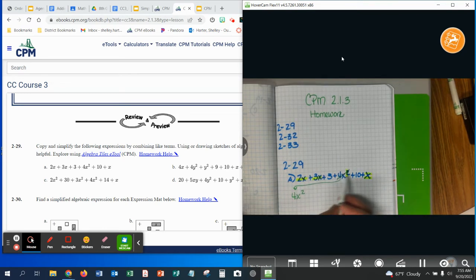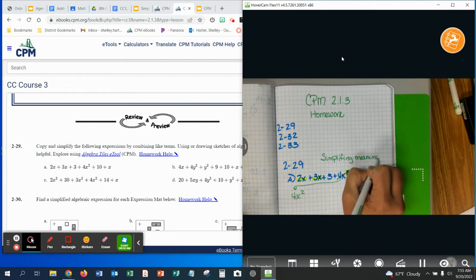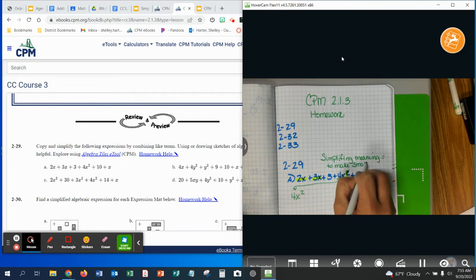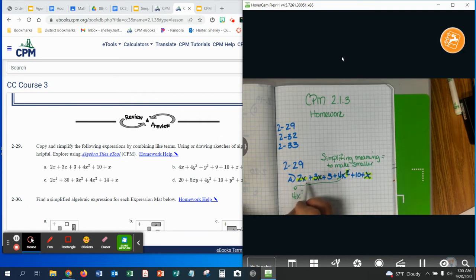Then I'm going to look at all the x's, and I'm going to add them together because I have 1, 2, 3 of those terms. Remember, we are simplifying, meaning to make smaller. So by adding these 3, I'm going to be making them smaller.